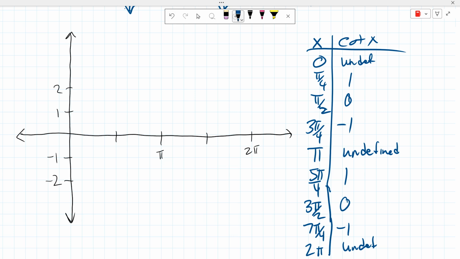Okay, so when we do cotangent, we have an asymptote right on the y-axis because that's 0. At pi, we have an asymptote. At 2 pi, we have an asymptote.